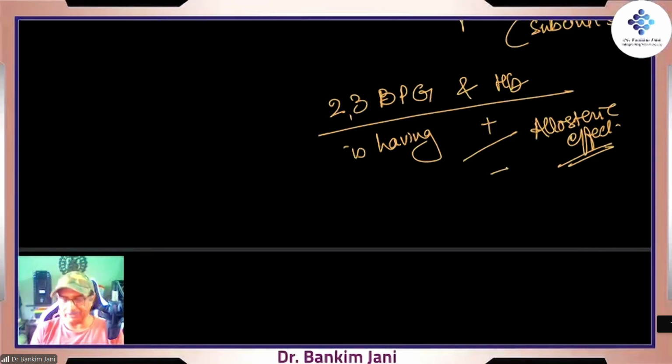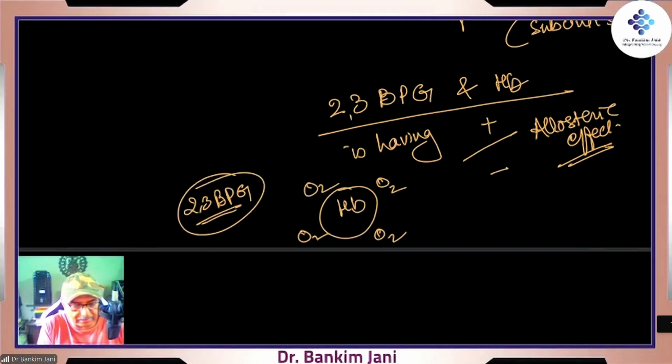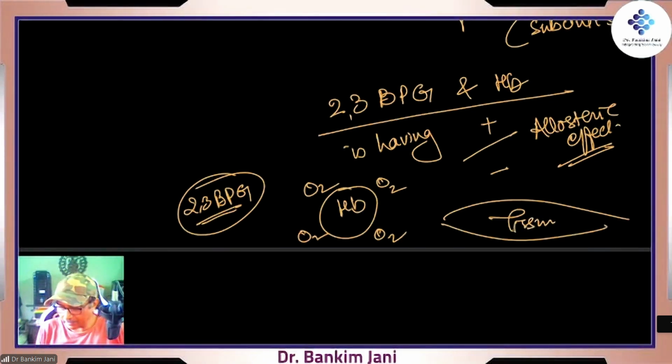Okay, sure. Let's see. 2,3-BPG and hemoglobin. Hemoglobin over here is loaded with oxygen. 2,3-BPG comes, and tells it, these are the tissues. Oxygen is just an illusion, so renounce it.